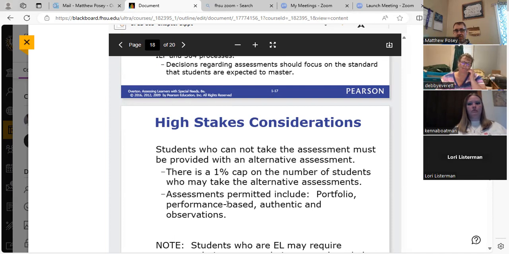Yeah. So I know we had one student that was excused last year on state assessment. Because that's something right now, I mean, we're right at the tipping point. That's why we were having the conversation.